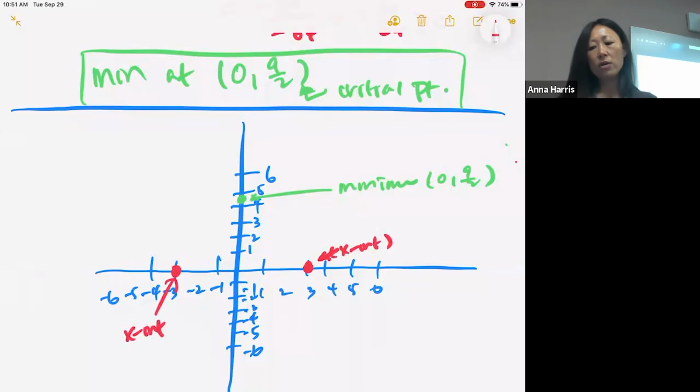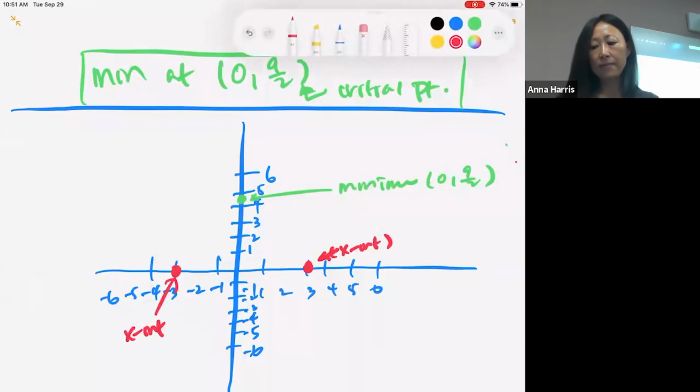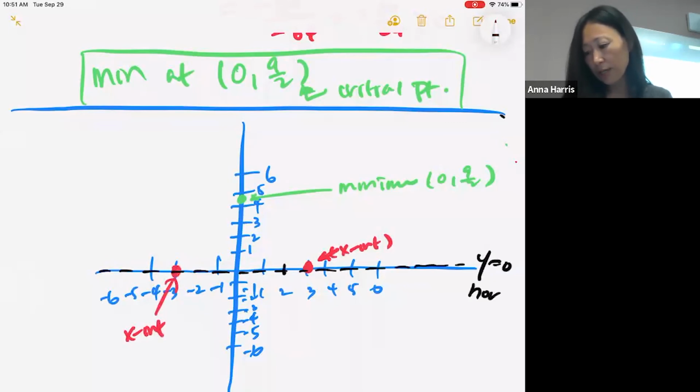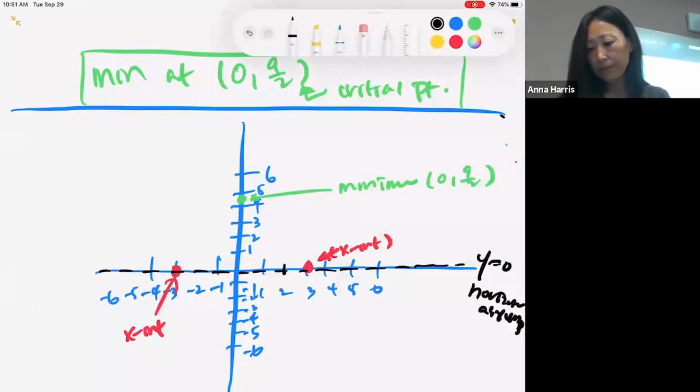What else do I know? My horizontal asymptote is where? 0. So y equal to 0 is my horizontal asymptote. Okay, what else? I also know what?